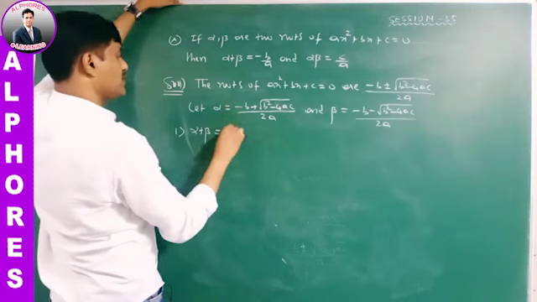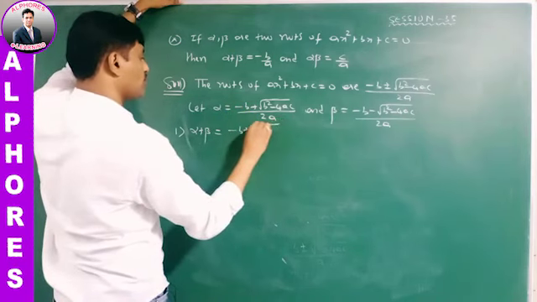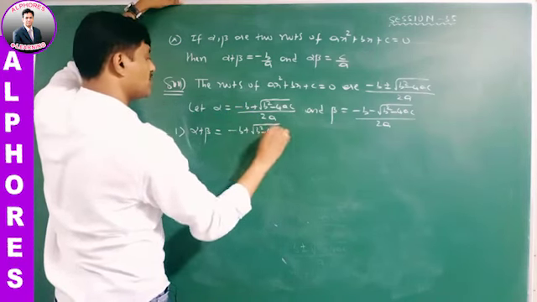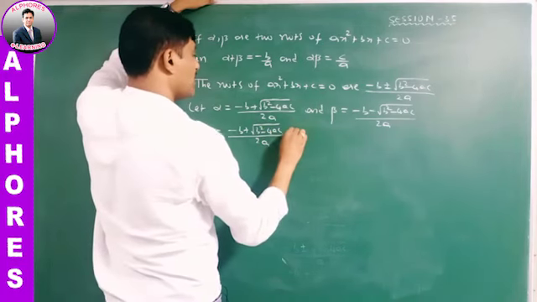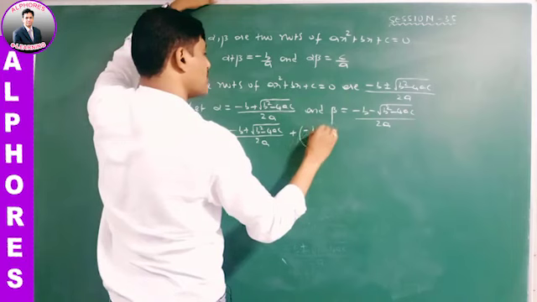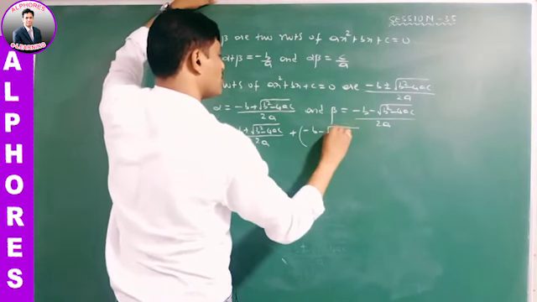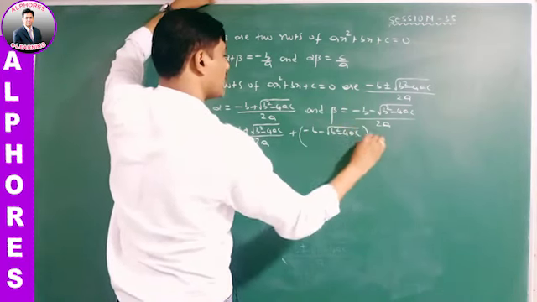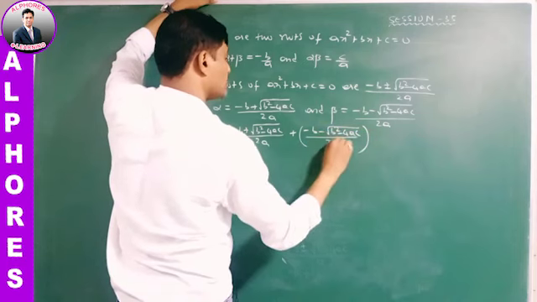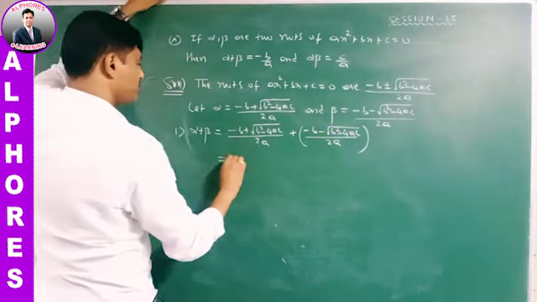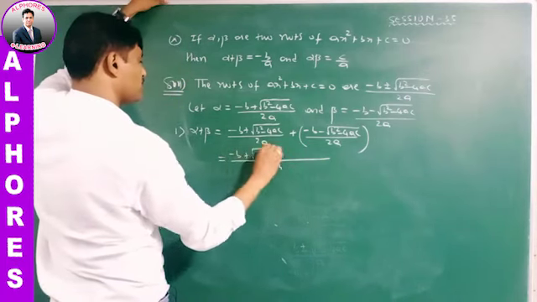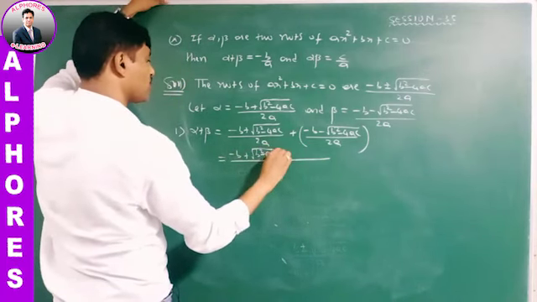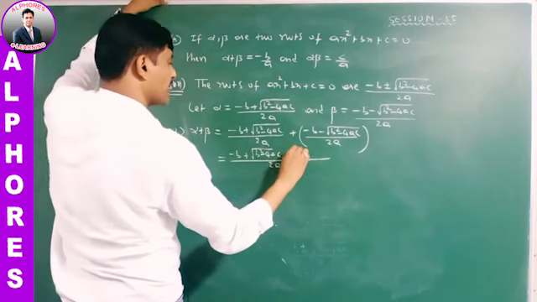First one, alpha plus beta, the sum of the roots. The first is (−b + √(b² − 4ac)) / 2a, plus (−b − √(b² − 4ac)) / 2a. Take the LCM, here the LCM is 2a. Now this is −b + √(b² − 4ac) plus −b, and minus √(b² − 4ac). These two roots cancel, and we get −2b/2a, which is −b/a.